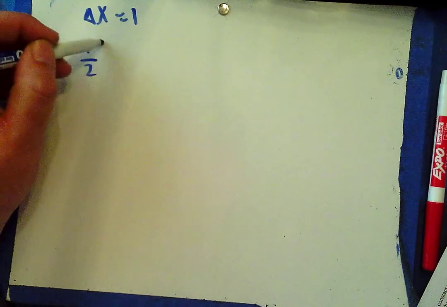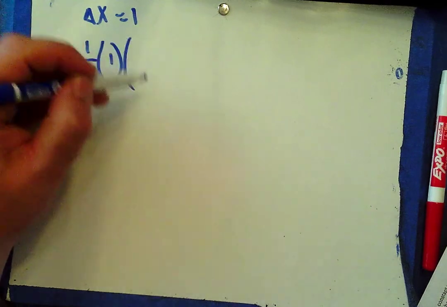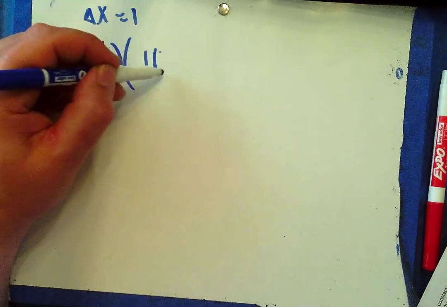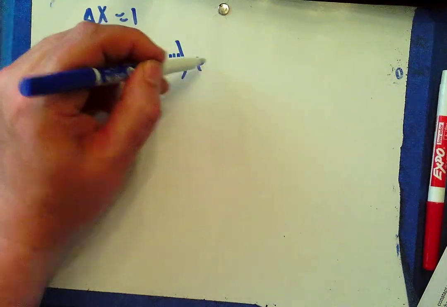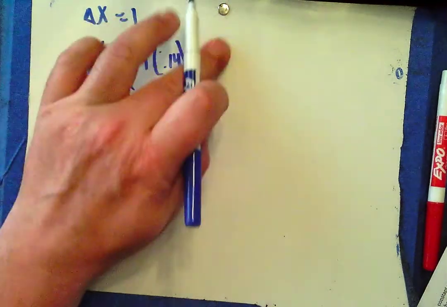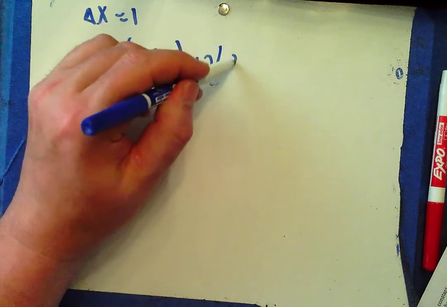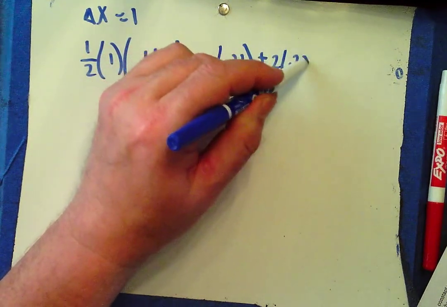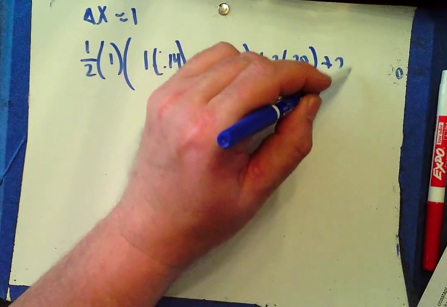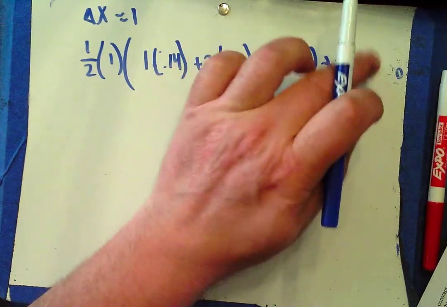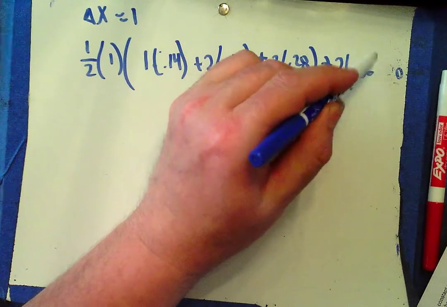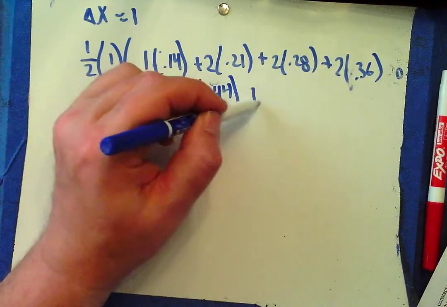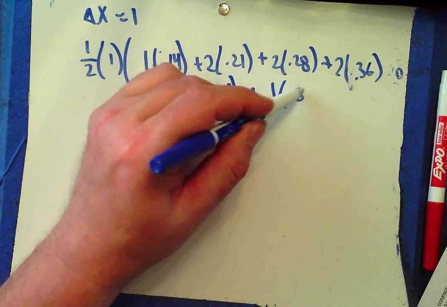So we can do 1/2 the subinterval width, 1, of base 1 times 0.14, plus 2 of 0.21, plus 2 of 0.28, plus 2 of 0.36, plus 2 of 0.44, plus 1 of 0.54.